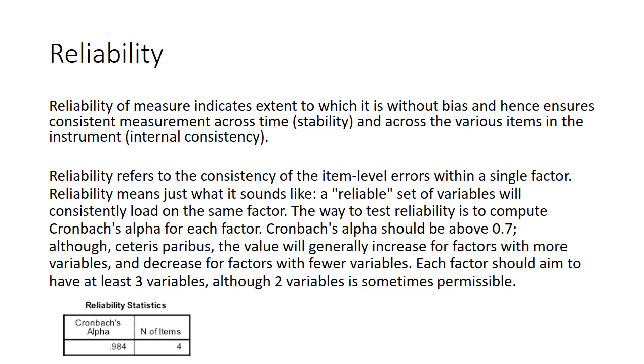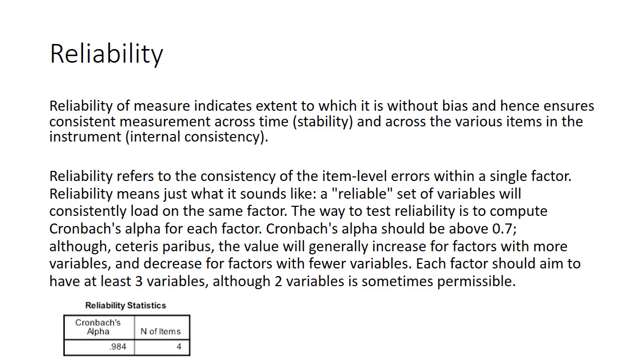This is called the reliability statistics. So reliability refers to the consistency of the item level errors within a single factor. Factor means, this is the important point, write it down, factor means variable.